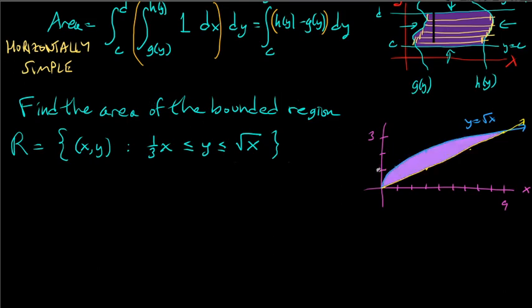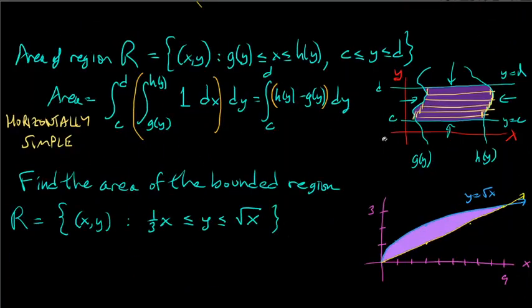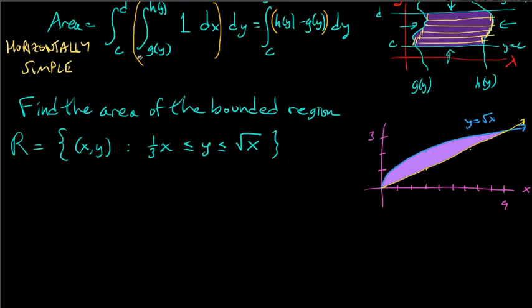So we're looking for the area of this region here, right? Originally we thought of this as a vertically simple region, so we used vertical rectangles. Now let's see if we can do this using horizontal rectangles, like this. You don't have to, but I find it helpful to rewrite the region. Instead of thinking about this in terms of y, think of it in terms of x.